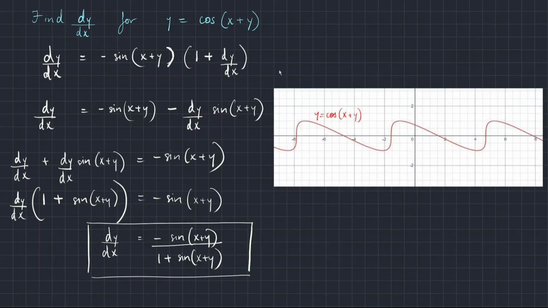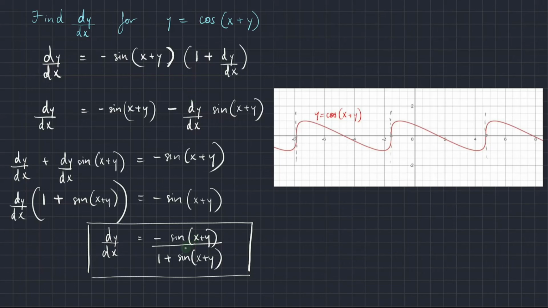I have added the graph here for your reference. Now if you notice, there might be some points where the tangent line would actually be a vertical line. For example, over here, if I were to draw a tangent line, it would be vertical. And since it's a cosine function, it is periodic, so there are multiple points where the tangent line would be vertical.